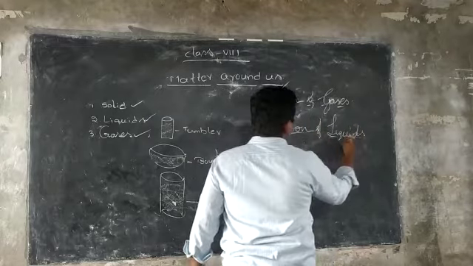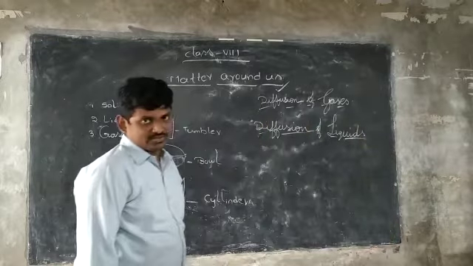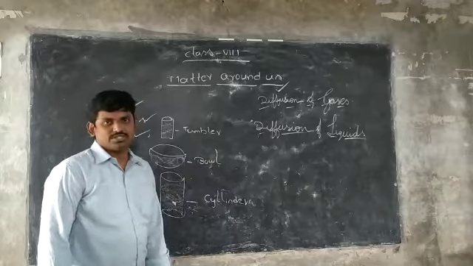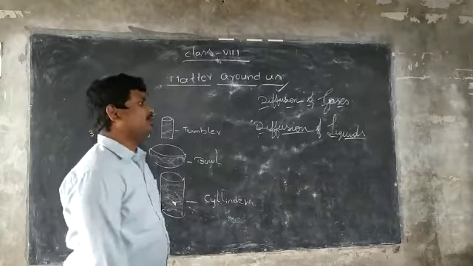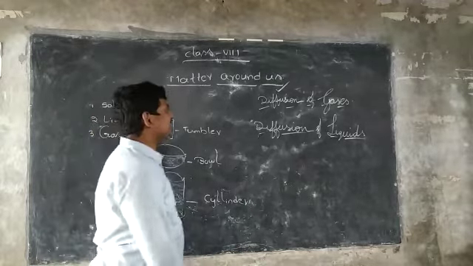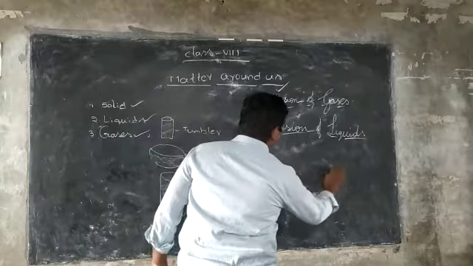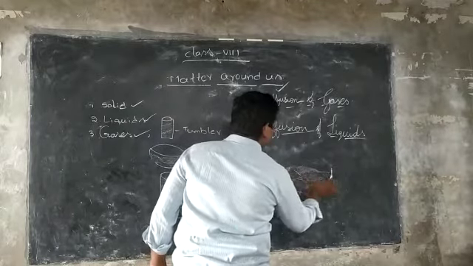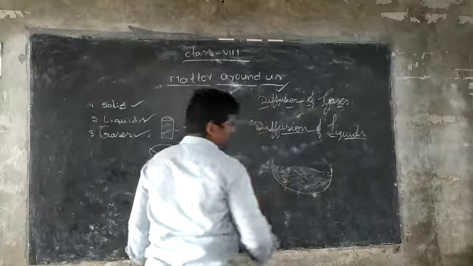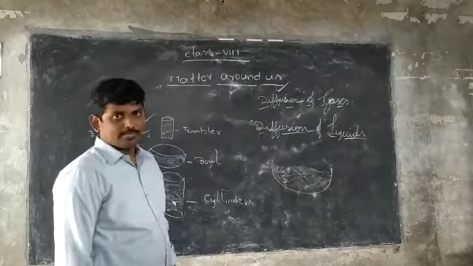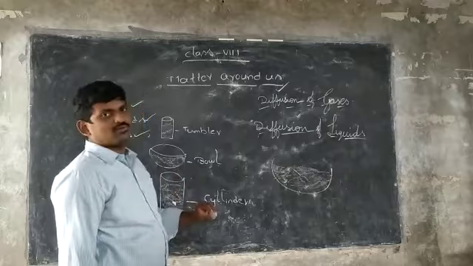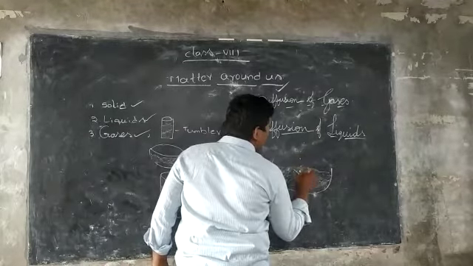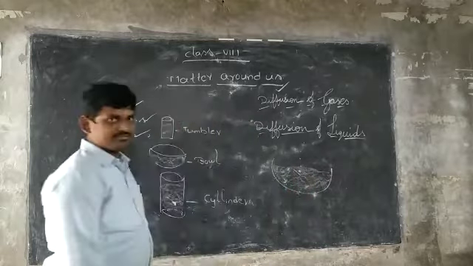What is called diffusion of liquids? How will the liquids be diffused? Let us see here. For example, take a bowl of water and drop a few drops of red color or blue color or something.